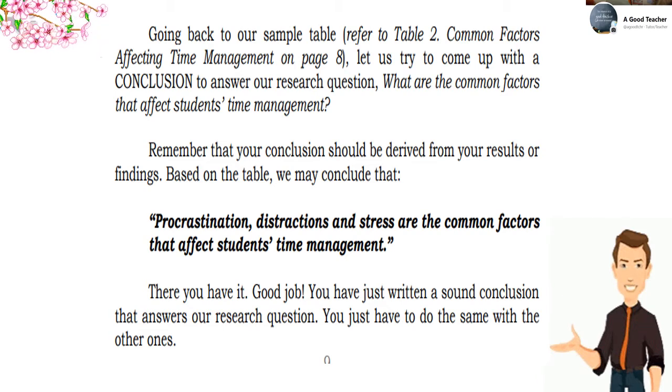Based on the table, we may conclude that procrastination, distractions and stress are the common factors that affect students' time management. There you have it. Good job. You have just written a sound conclusion that answers our research question. You just have to do the same with the other ones.